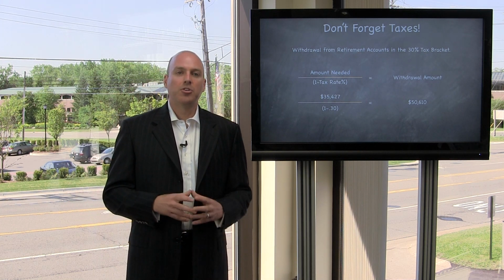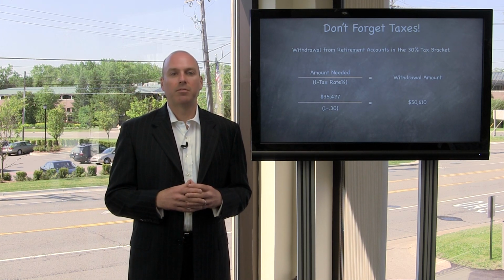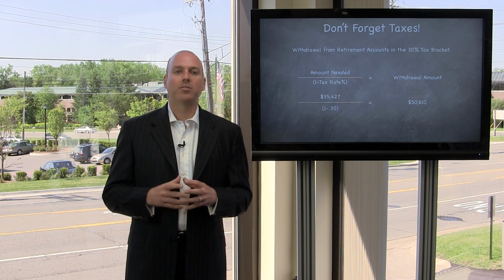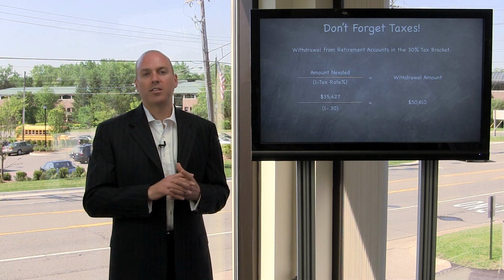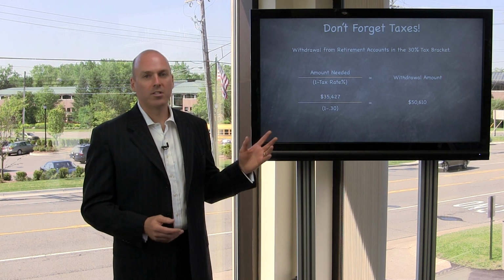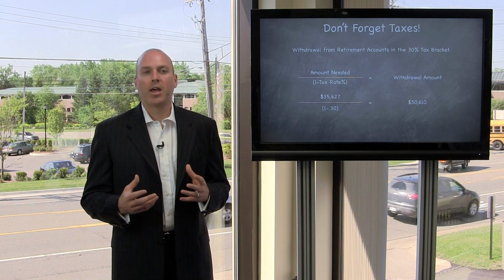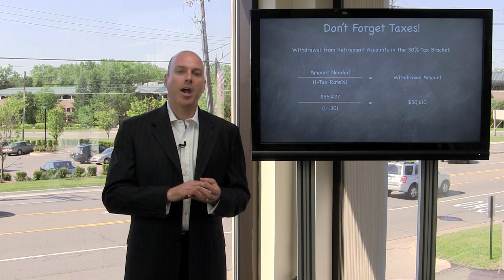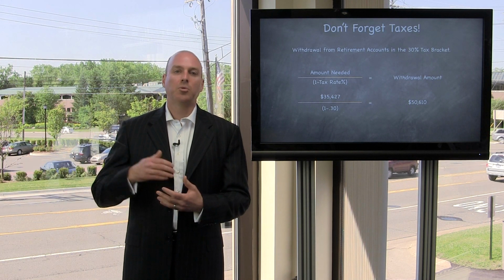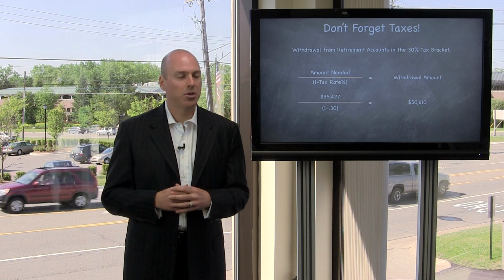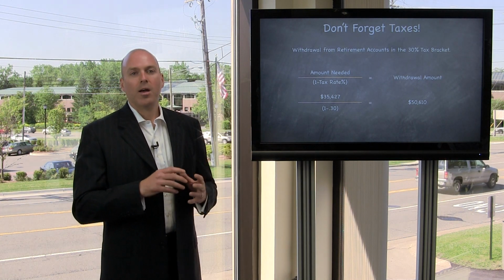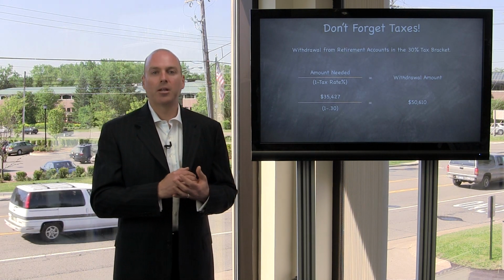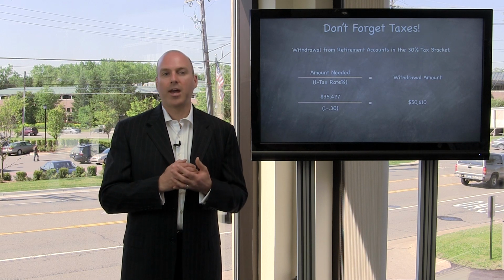If you're like most retirees, you probably have a significant amount of your retirement funds in IRAs, 401ks, and other tax-deferred accounts. So if John and Sally need $35,427 to meet their lifestyle needs, and they need to take it from a retirement account, the actual withdrawal will need to be larger to account for the taxes that they'll have to pay on the distribution. Here's how it works. Basically, you divide the amount of your retirement account withdrawal by 1 minus your tax rate.